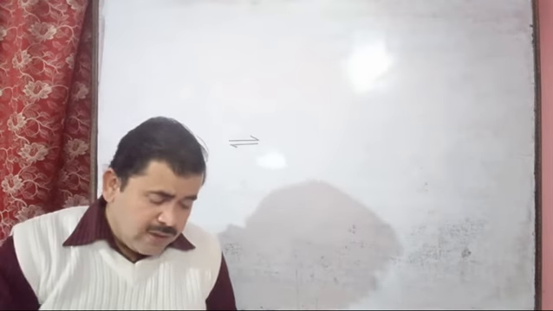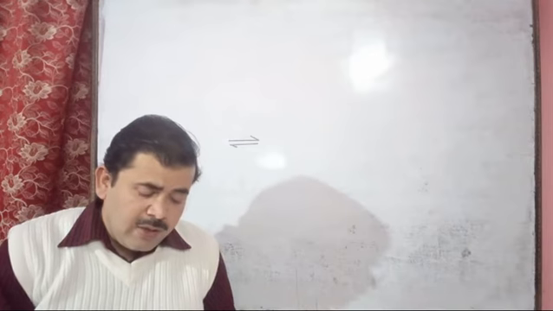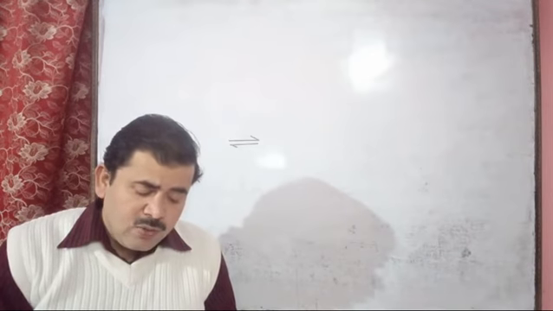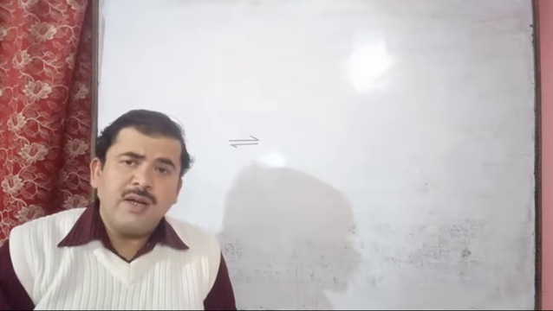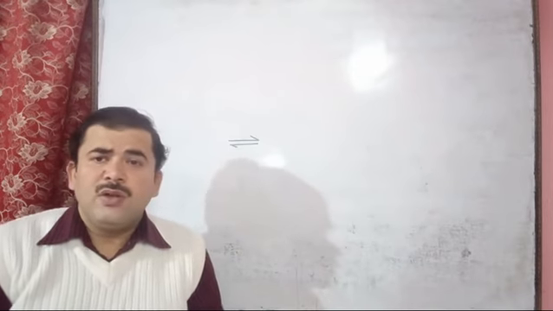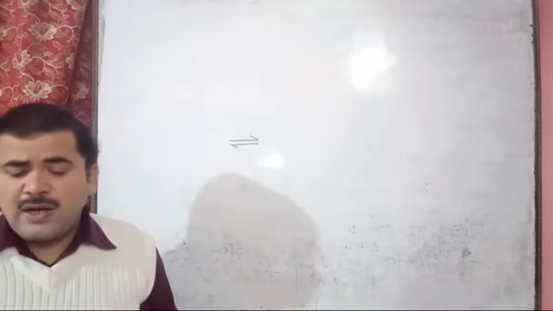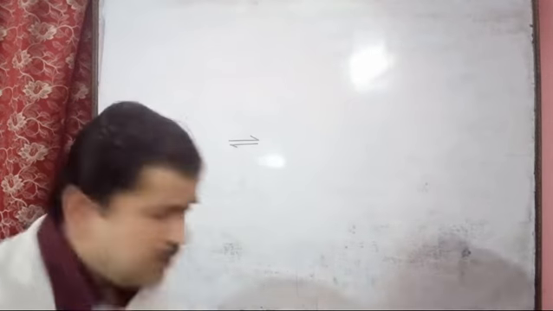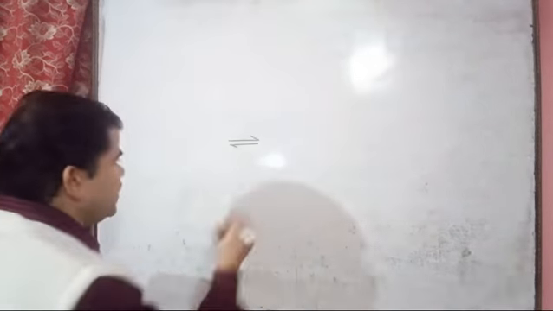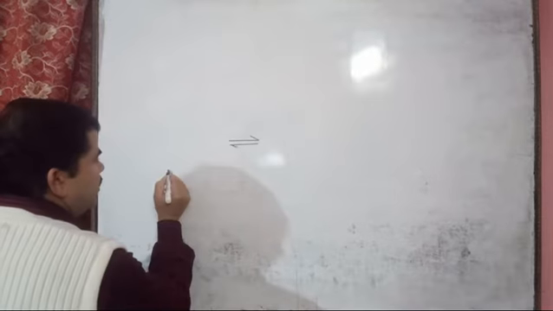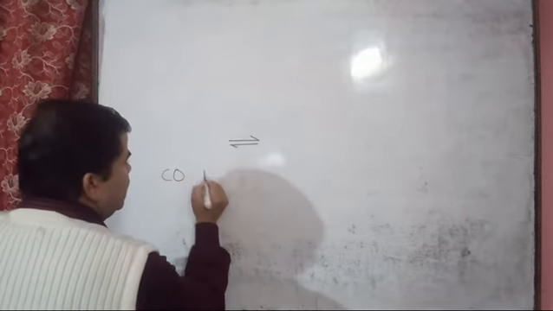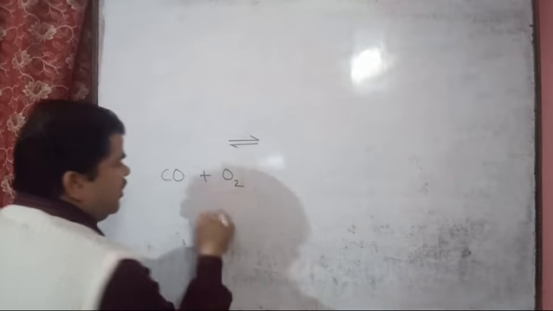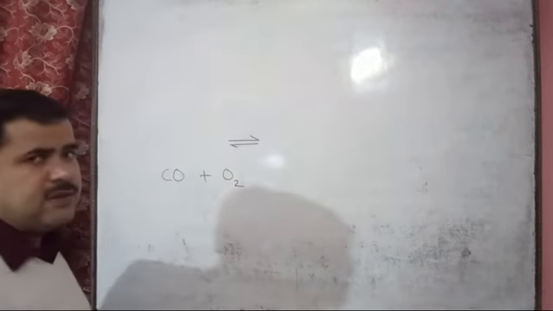Next question, describe one chemical test applied to the following gases which would enable you to distinguish between them: carbon monoxide and hydrogen. Here, carbon monoxide reacts with oxygen gas. We will do an experiment with oxygen gas.